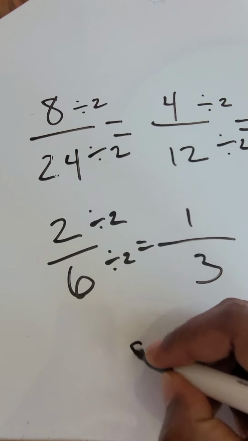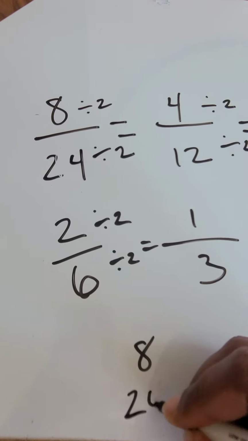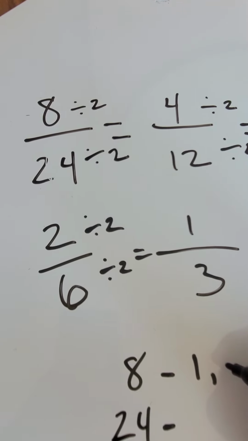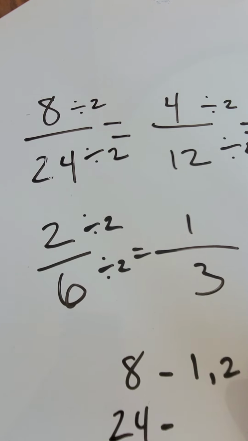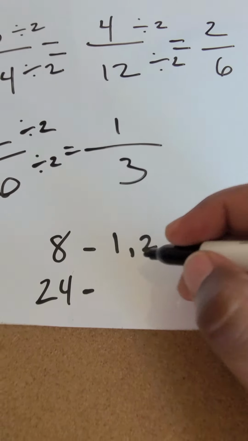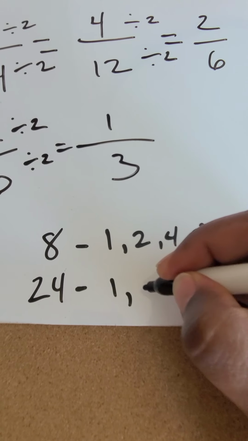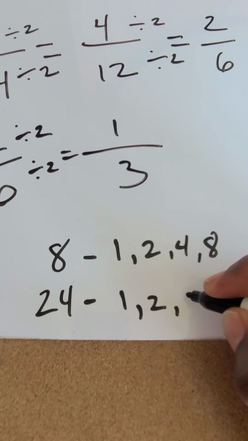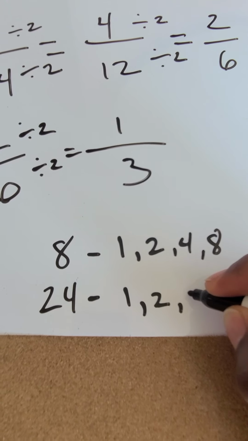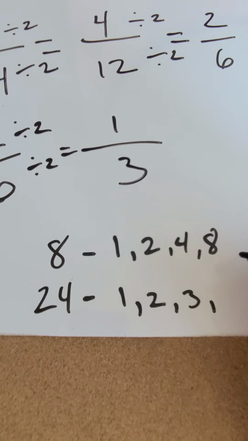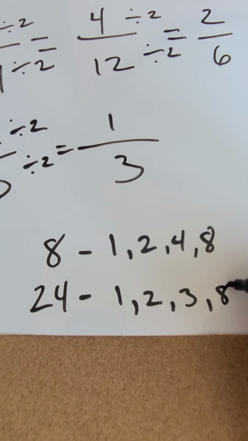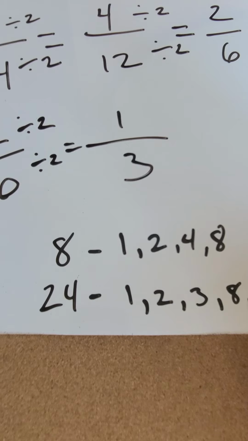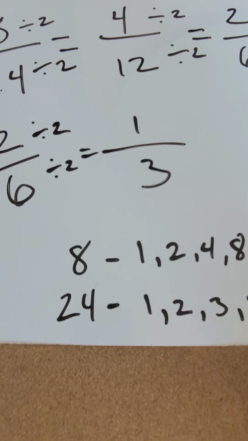Well, if you were to write out some of the factors for these numbers, we got 3, 8, 12, 24.